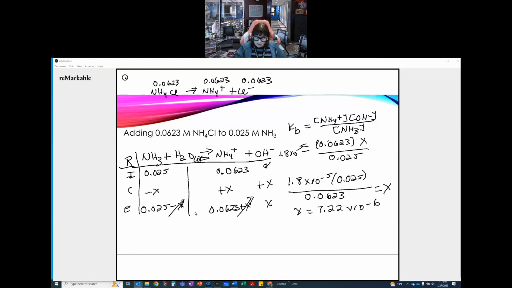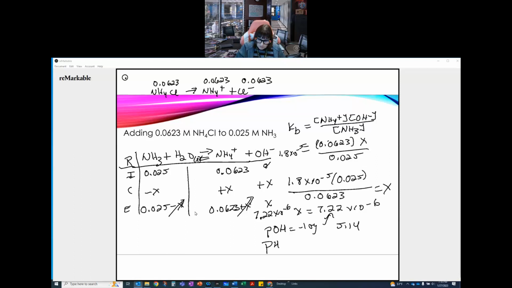And what is that? That's the OH minus concentration. So I could put that right here. I can also take pOH is equal to the negative log of that value. So if I needed a pOH, I could get it. And that gives me 5.14.